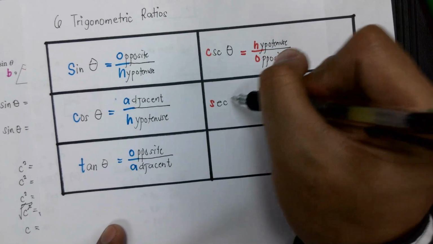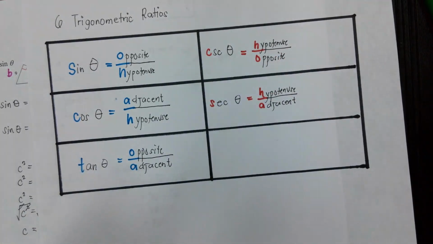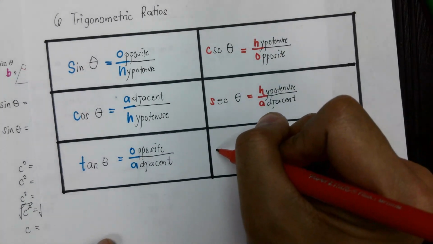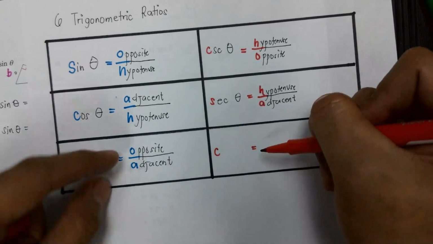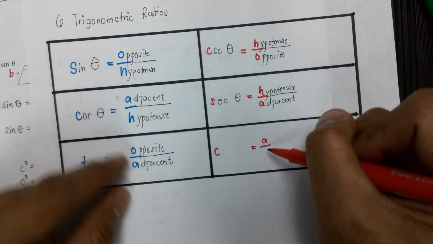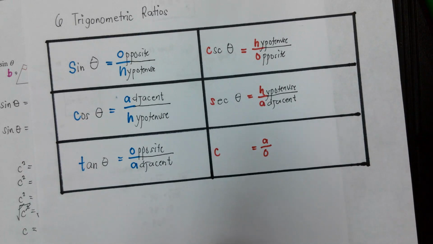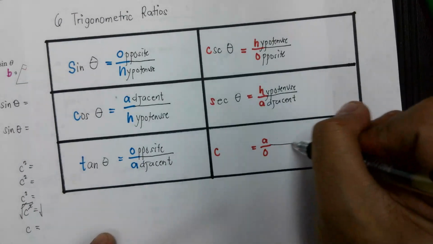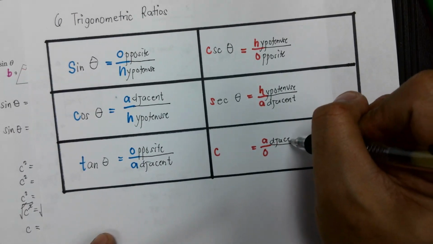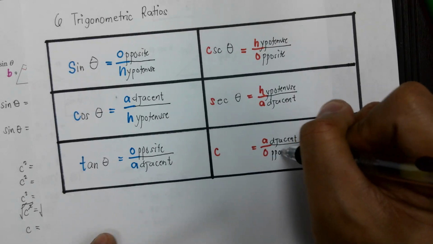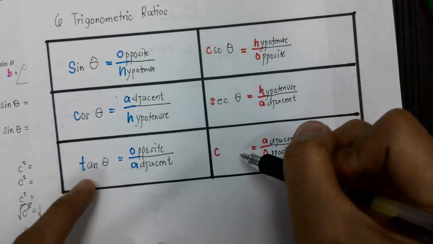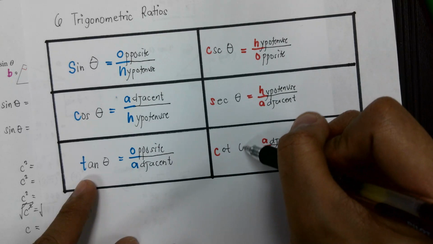This is our secant theta. Lastly, we have adjacent over opposite, which is for the cotangent theta.